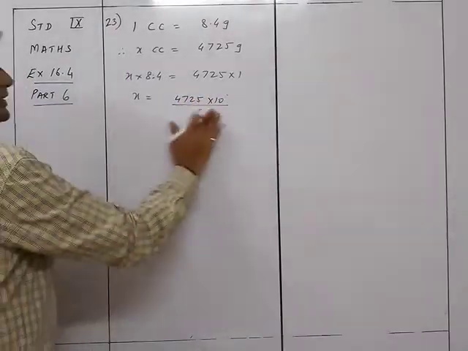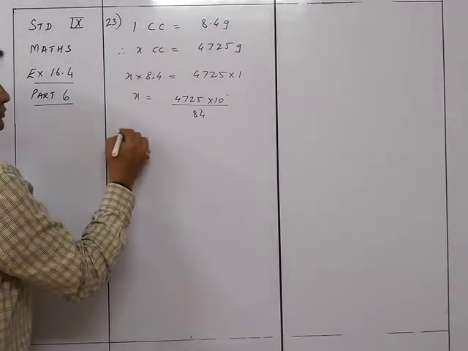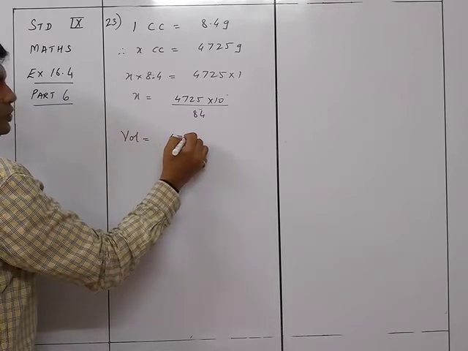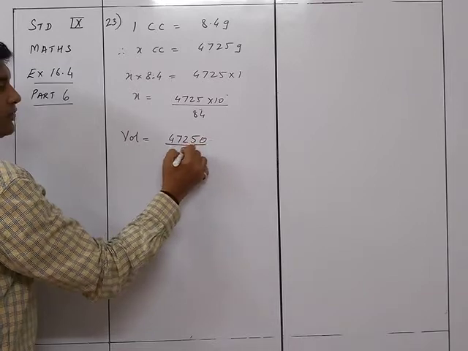Okay, now let's do one thing. We'll keep it as it is right now. So we know that volume is equal to 4725 upon 84.